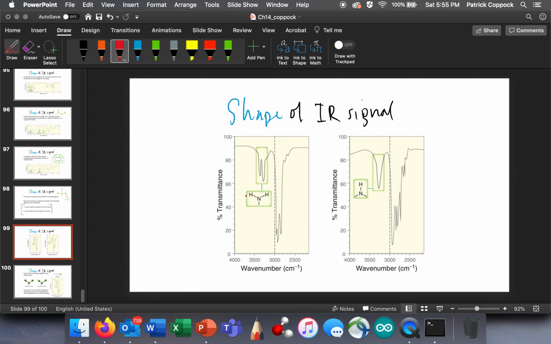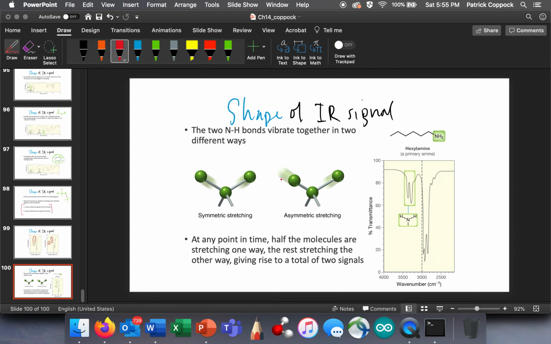If you've got two hydrogens, that's a primary amine. And here's a secondary, because there's only one hydrogen there. And here's a secondary amine with two carbons on it. This has two separate peaks, and this one only has one because it only has this one N-H. And here's the reason why. It turns out that the stretching observed by IR spectroscopy is actually of two different kinds: symmetric stretching and asymmetric stretching.